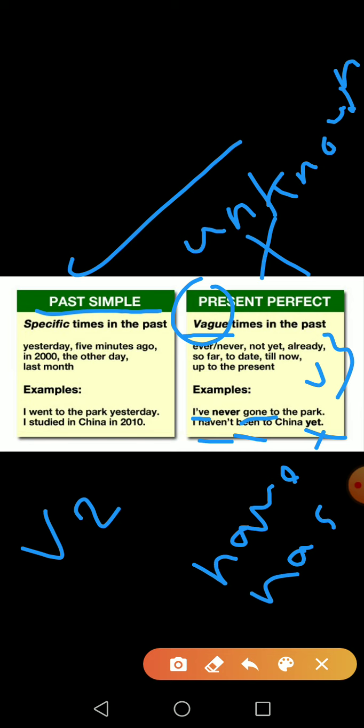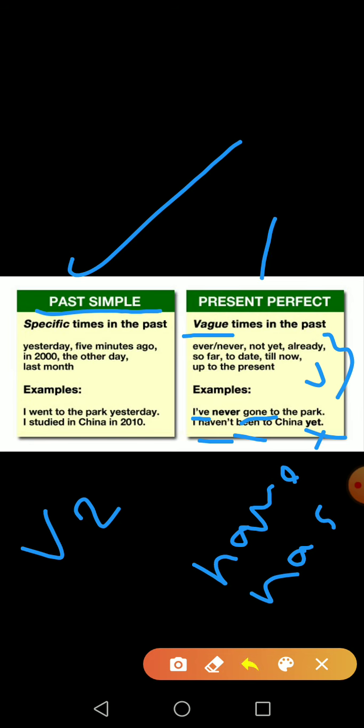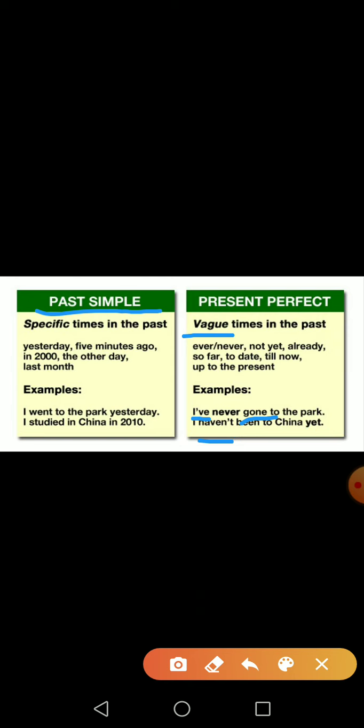Okay, let's see the keywords first. Here, the keywords: yesterday, 5 minutes ago, in 2000, the other day, last month. So all of these words show us the time in the past.